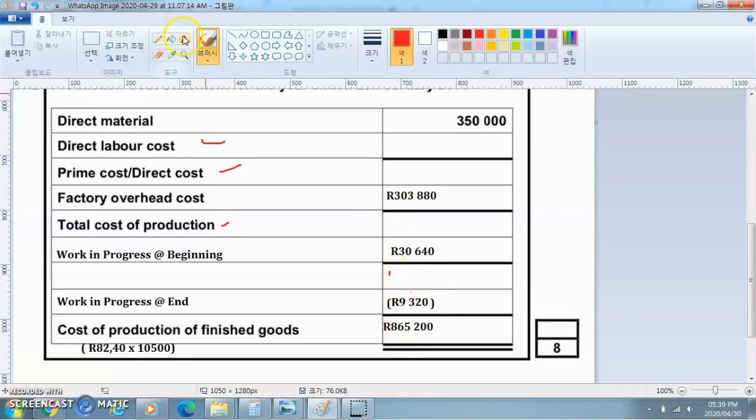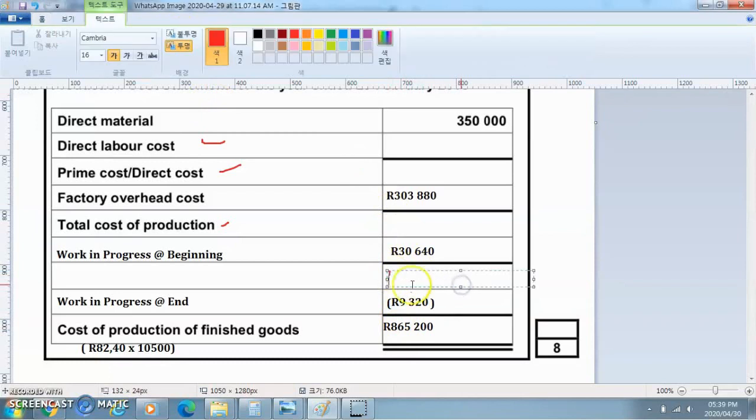So the final answer here, the one at the top, is going to be 865,200 plus this one, and then the answer is 874,520. At any given point, you are allowed to pause the video and do the calculations on your calculator.